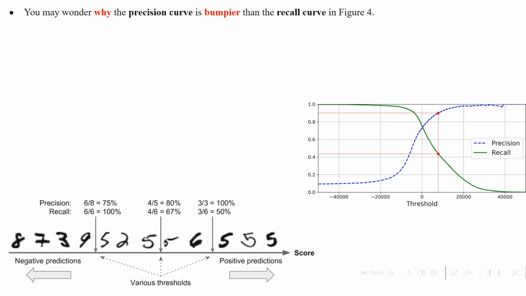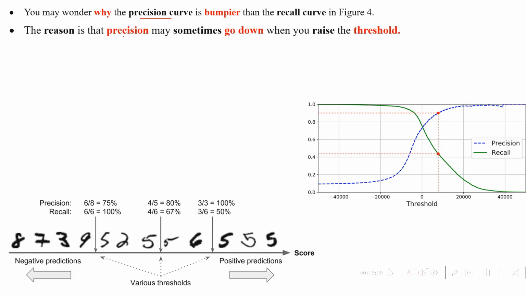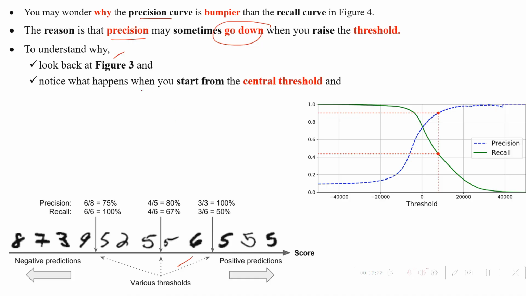So you may wonder why the precision curve is bumpier than the recall curve. The reason is that precision may sometimes go down when you raise the threshold value. To understand why, look at the figure at this location, and notice that it happens when you start from the central threshold value and move it just one digit to the right side.